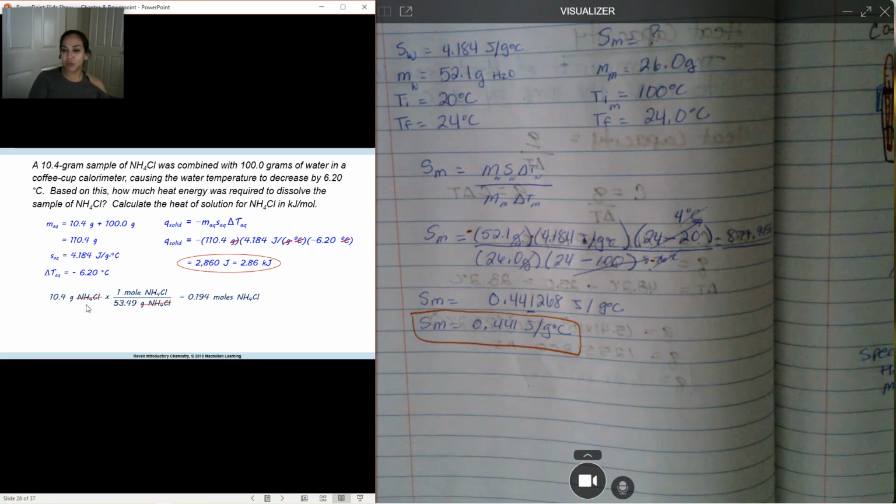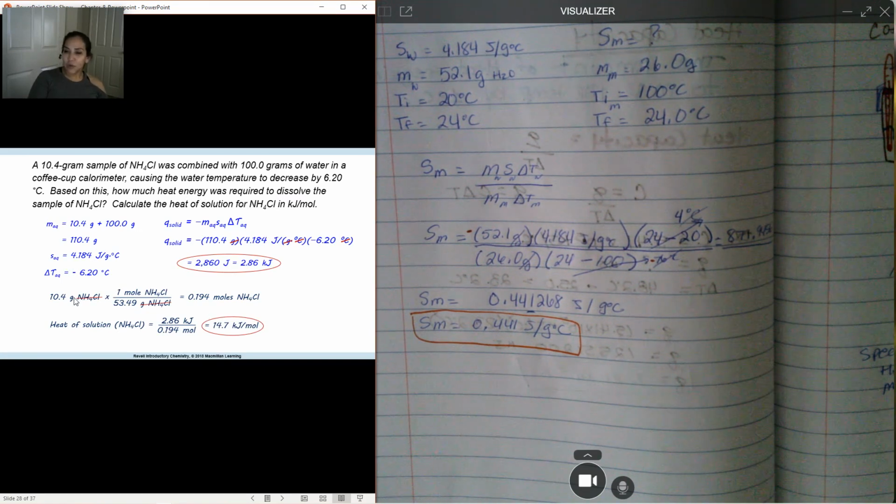It wants kilojoules per mole. So we ended up with 0.94 moles of ammonium chloride. Now we're going to take our first answer and divide it by the number of moles of ammonium chloride, and we get 14.7 kilojoules per mole as the heat of solution of ammonium chloride, based on everything we did.